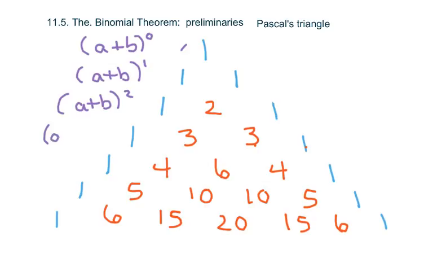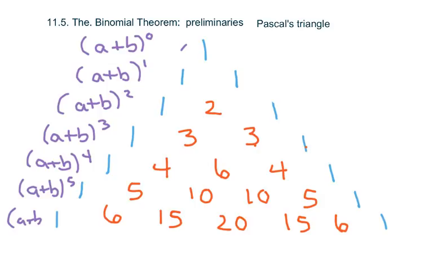This would be a plus b cubed. A plus b to the 4th. A plus b to the 5th. And a plus b to the 6th. Alright? Now, you already know that anything to the 0 power equals 1, so that's easy.